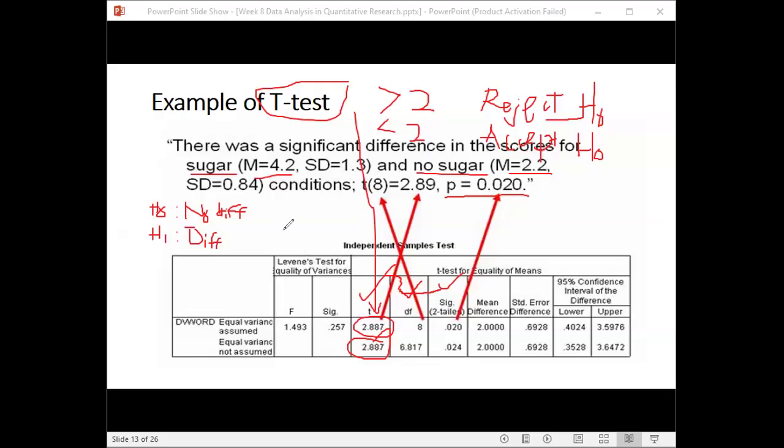Okay. Now we have something called the level of significance. We normally represent it with alpha. We can have alpha to be 1%, 5%, or 10%.